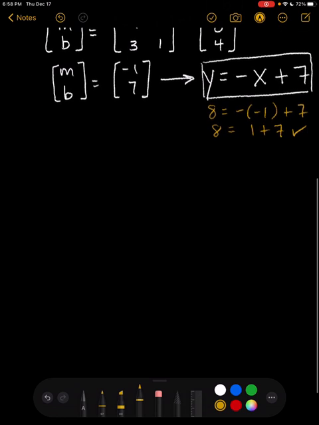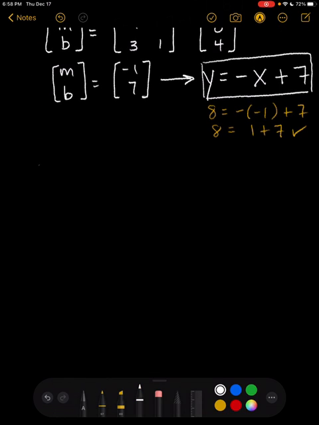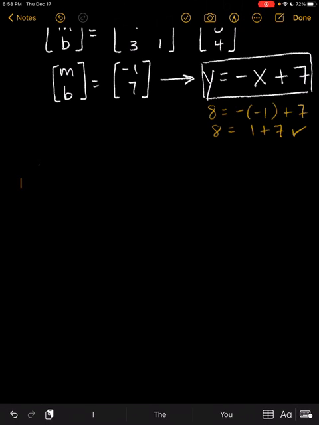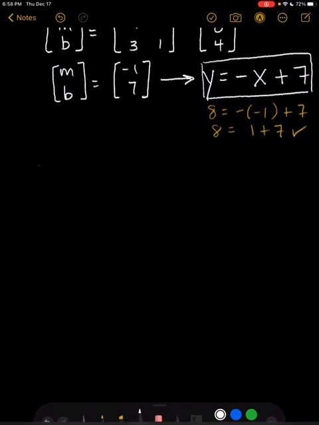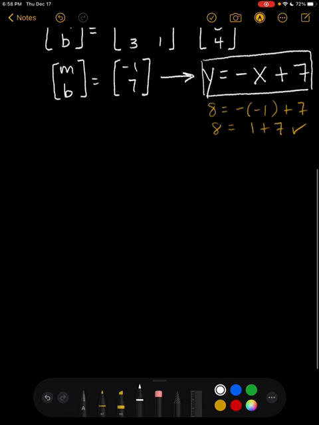Also, it can be done with more points. If I were going to give you 3 points, how about if we were asked to find the quadratic equation?